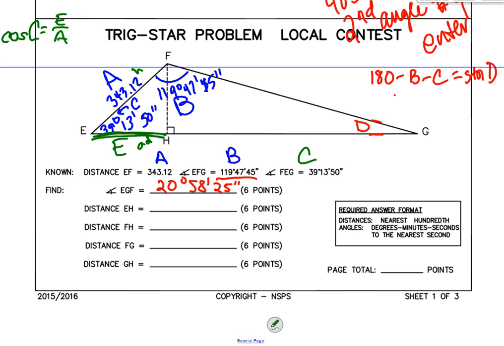And so then I want to get E alone. So E is A cosine C. So you're going to do alpha A cosine alpha C, close the parenthesis, enter, and then just round it to 2 decimal places. What is it? 265.78.